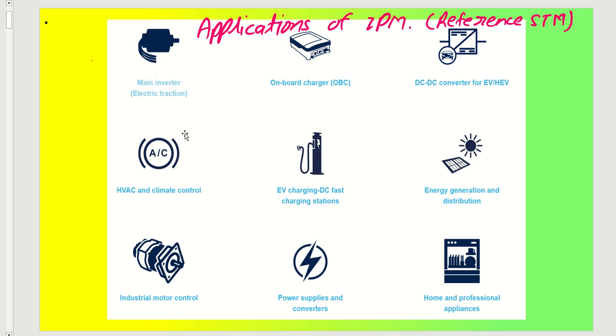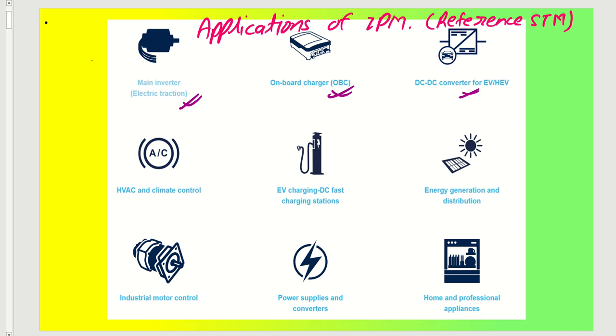The various applications include electric traction or main inverters, onboard chargers, DC-DC converters, HVAC or climate control for air conditioners, EV charging systems, energy generation and distribution like solar power systems, motor control tools, and power supplies.